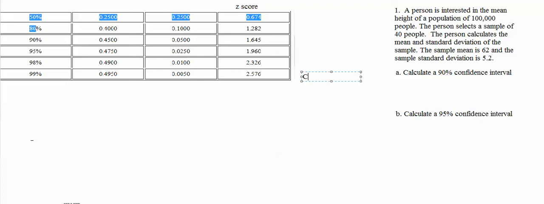So here's the CI, confidence interval formula for a mean. But now the population standard deviation is unknown, meaning only the sample standard deviation is known.